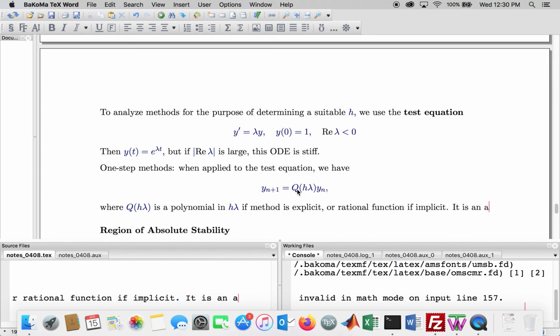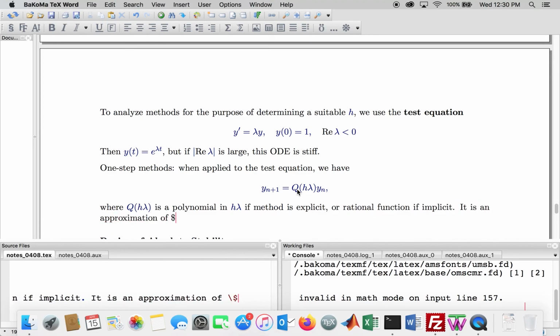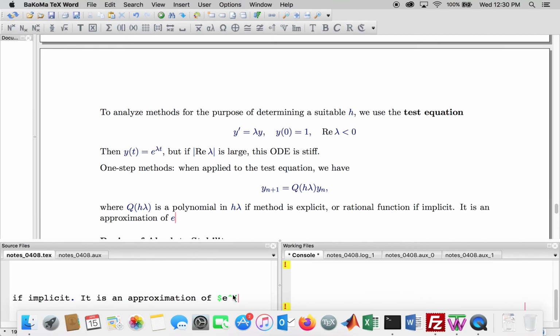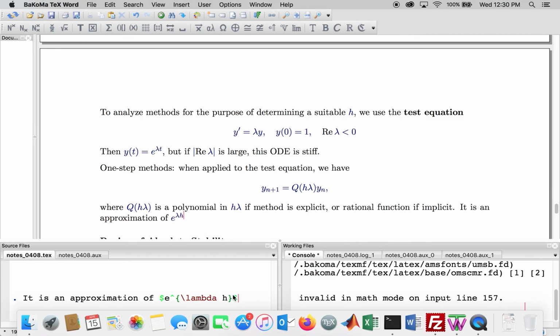It is an approximation of the exact solution operator, which would be e to the lambda h. For instance, if it's an explicit method, then this function q of h lambda might be the first part of the Taylor series for the exponential, or might match it up to a certain point.